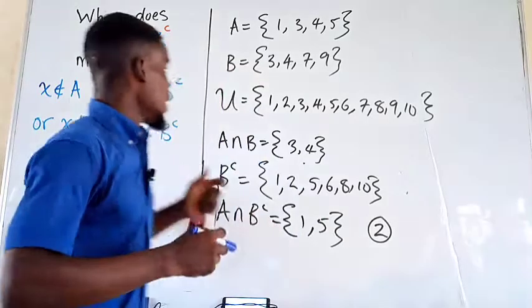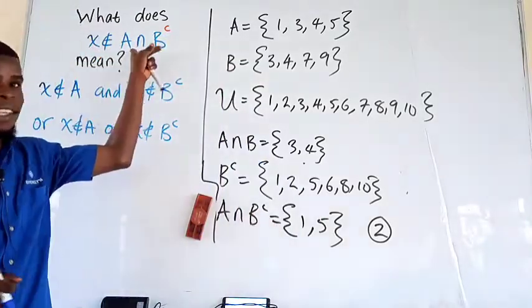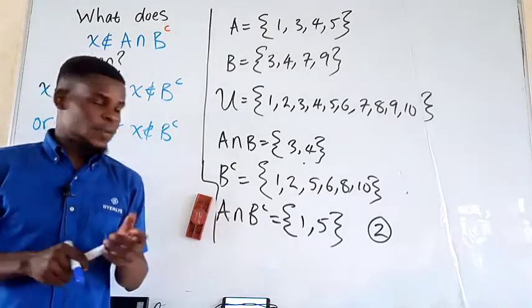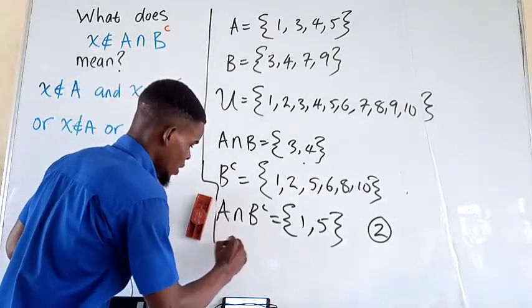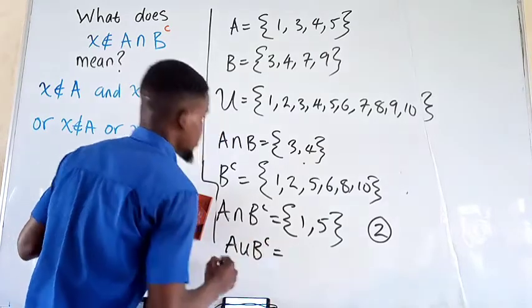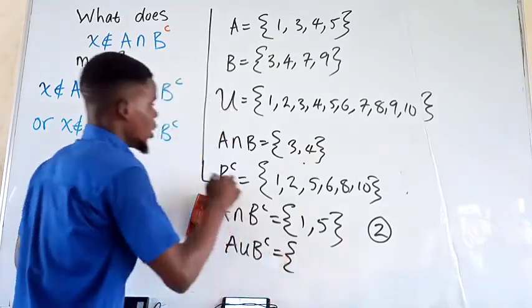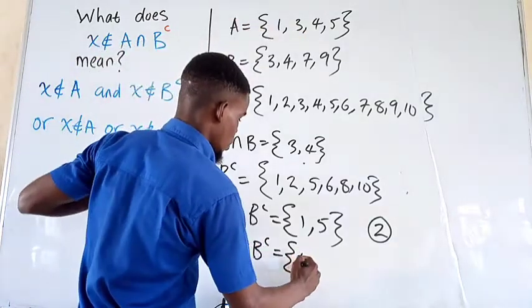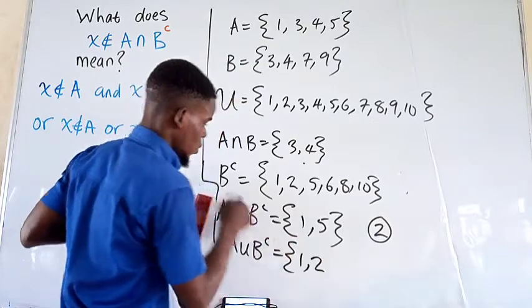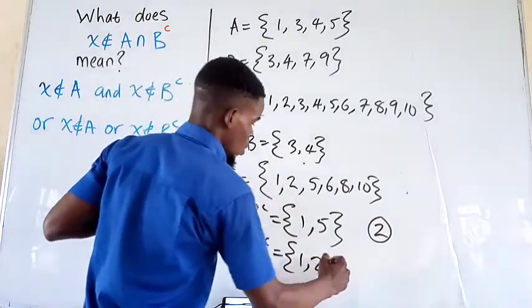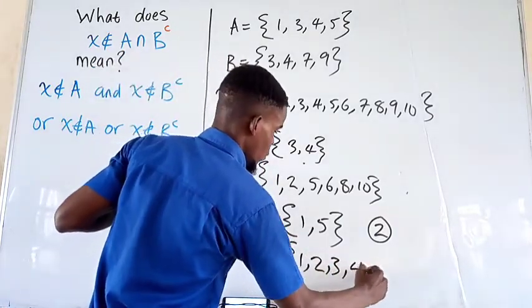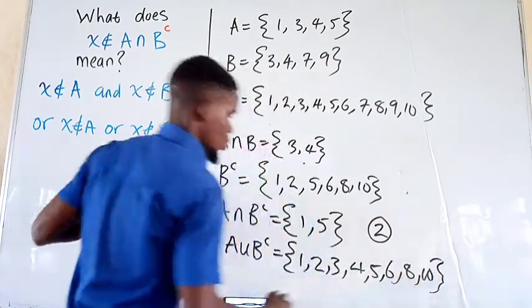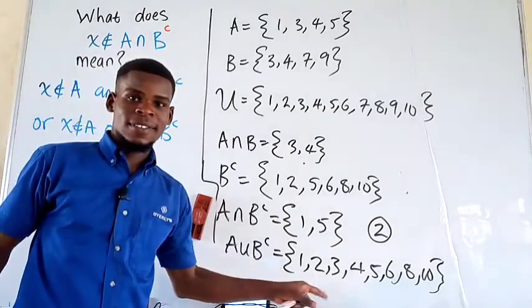So if X is not in the set A and is not in the set B complement, it could be in their union. For example, when we have A union B complement, this simply means if you want to collect them, the elements in set A, we have 1, 2, union with this one, 3, 4, 5, 6, 8, 10. So you see that 2 is actually in their union.